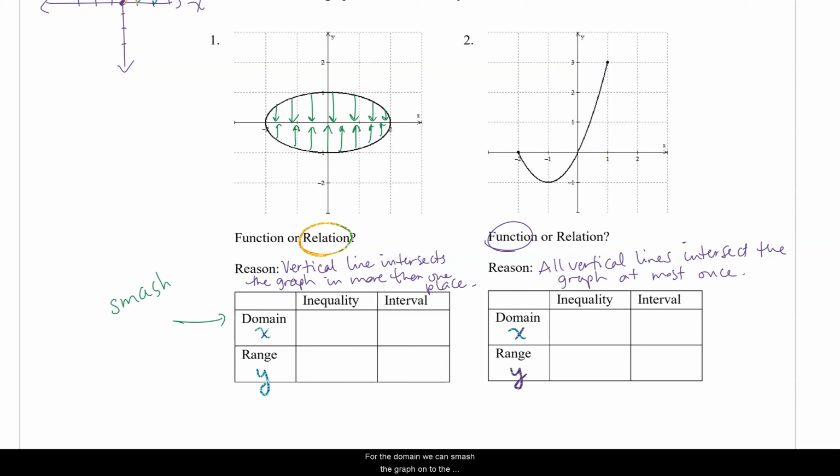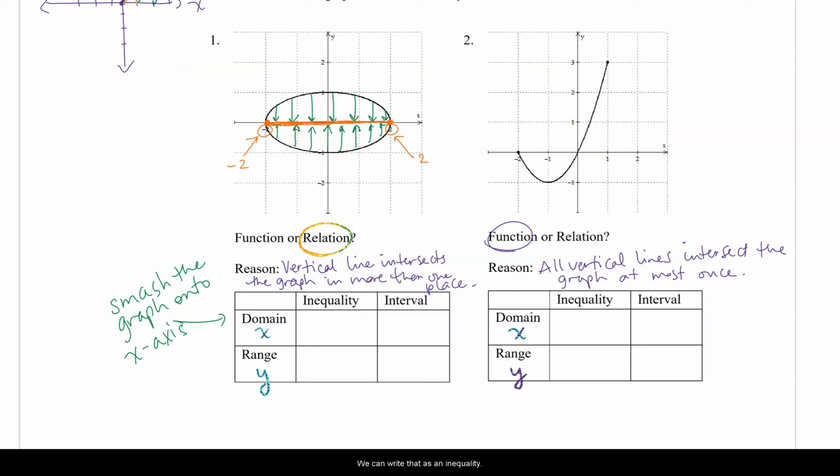For the domain, we can smash the graph onto the x-axis. When we do that, we get just the values between -2 and +2. So our domain is all of the x value numbers between -2 and +2.